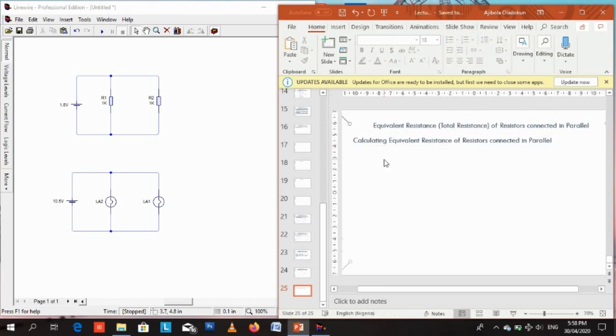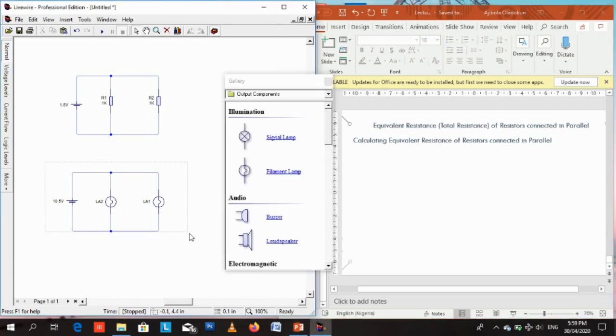So you can calculate the total resistance when you connect two resistors or more than two resistors in parallel. You can calculate what the total resistance will be, and that is what we want to examine next. So if we have two resistors R1 and R2 connected in parallel, what is the total resistance? That is what we want to consider next.